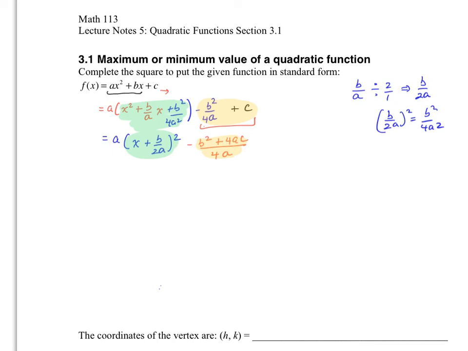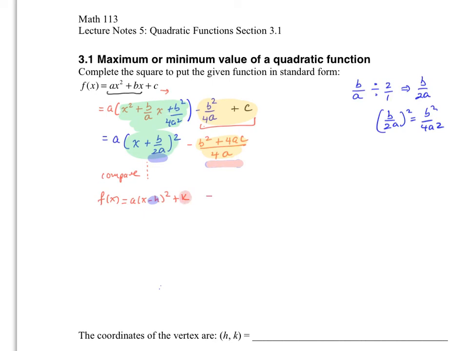All right, therefore, if you compare this with the equation for the standard form, which is this, you should be able to see right away that this part represents the minus h, and clearly this should represent the k.